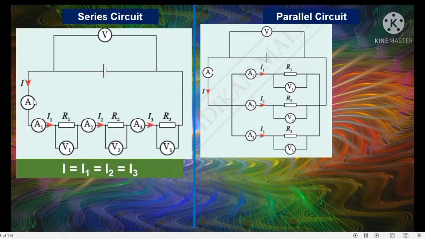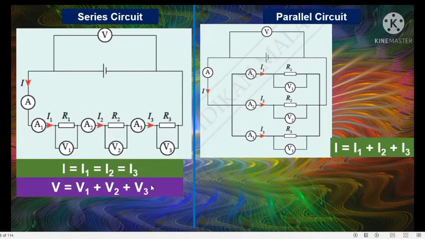If we look at the current, it flows in one direction only, or one path. So this shows that current I1 equals I2, equals I3, and equals the total current. How about the potential difference or voltage? The total voltage supplied by the battery is V. A voltmeter measures the potential difference between 2 points.